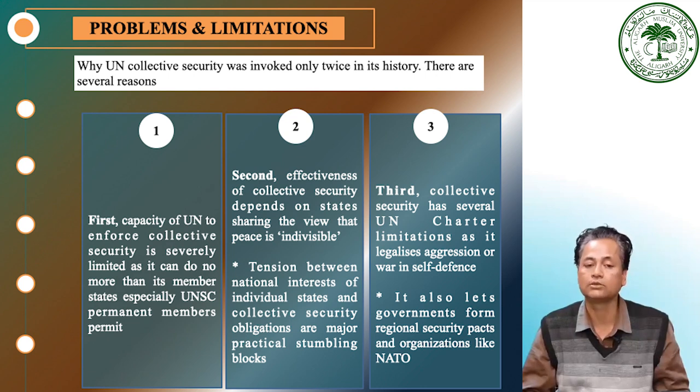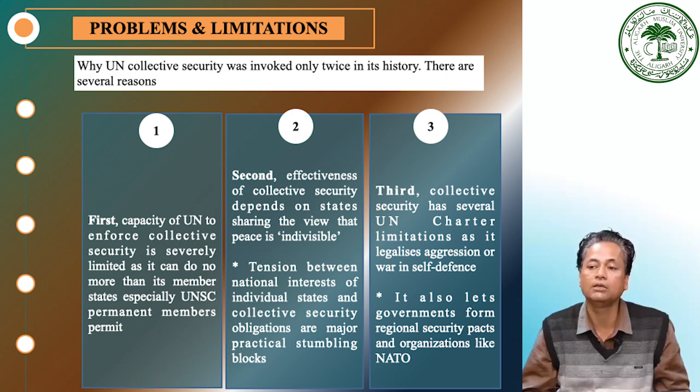the United Nations. Now it is important to ask why the United Nations collective security system was invoked only twice in its history. There are so many reasons for that. First, the capacity of the United Nations to enforce a system of collective security is severely limited by the fact that it is essentially a creature of its members.